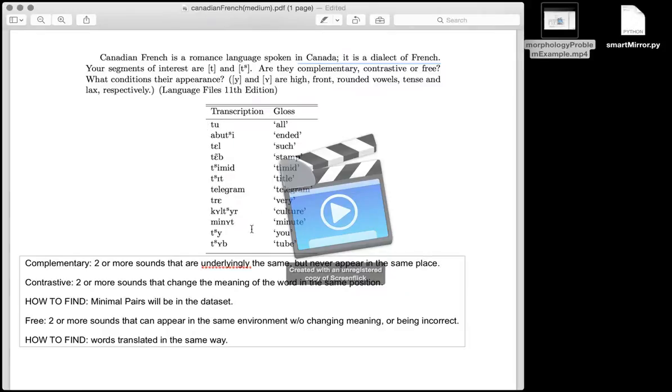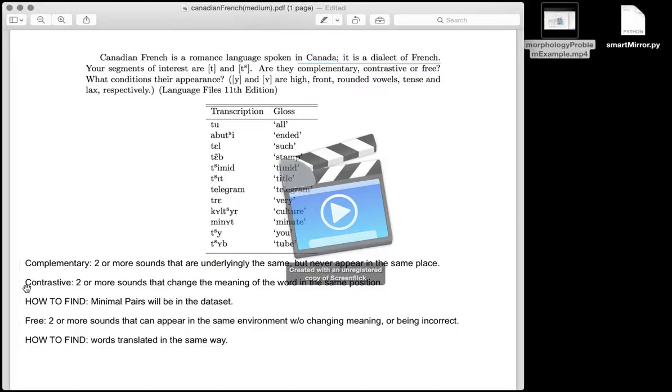So let's see if I can find a close one here. I can't find anything close that would really even look like anything that could be in free variation here. But imagine if we had another word. So we have here two, which means all. But imagine we had another word like boo that also meant all in Canadian French. Then we could say maybe ta and ba could be in free variation in this data set. But obviously, we don't see anything in free variation.